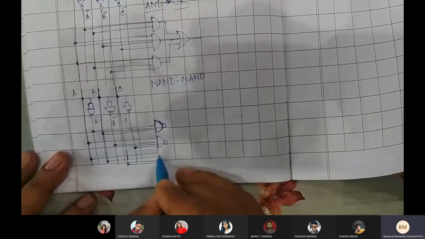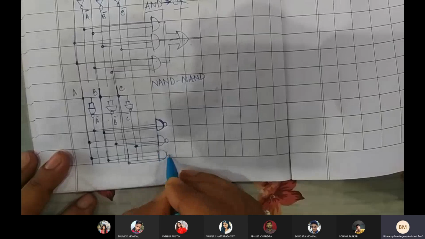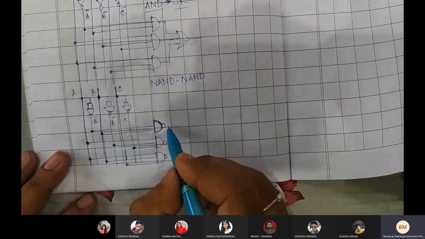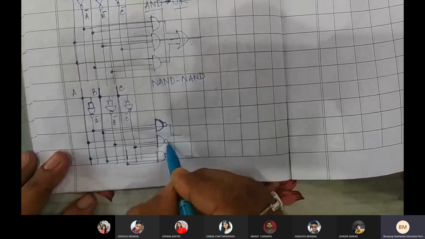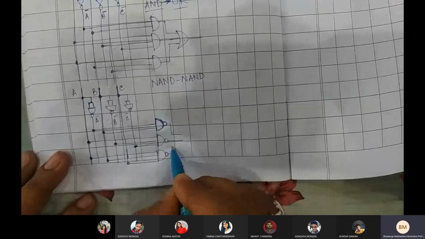So we'll be drawing A, B, and C also, like this, with a NAND in front of that, followed by the final step, which is another NAND. So instead of OR, I am just drawing one NAND again.